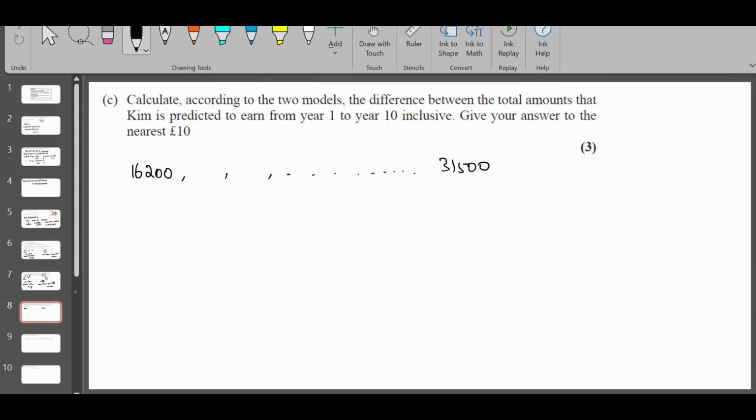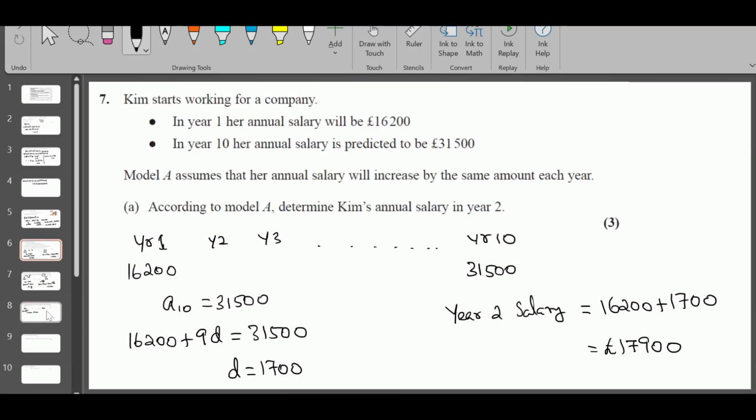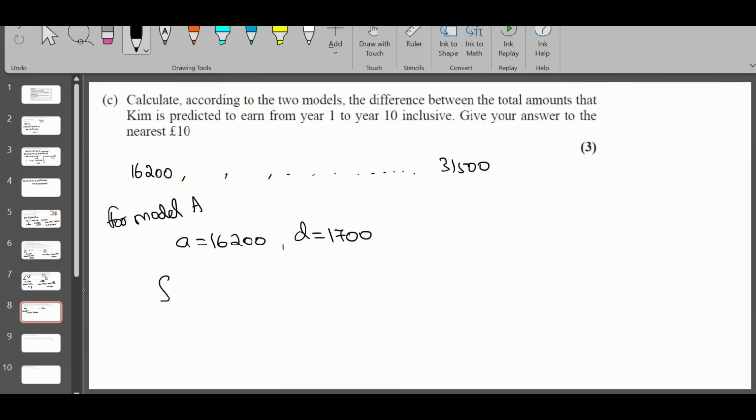If we take model A, for model A it's arithmetic. So the first term is this. The common difference we calculated is 1,700 here, right? So S10 is equal to, apply the formula, n over 2 times 2a plus 10 minus 1 times d.